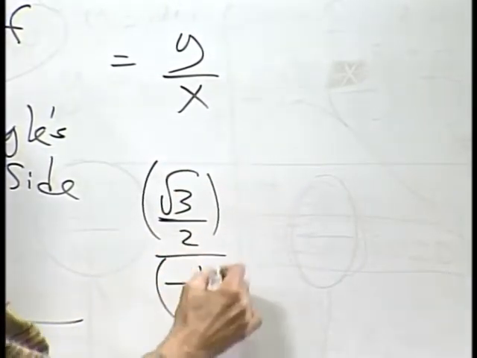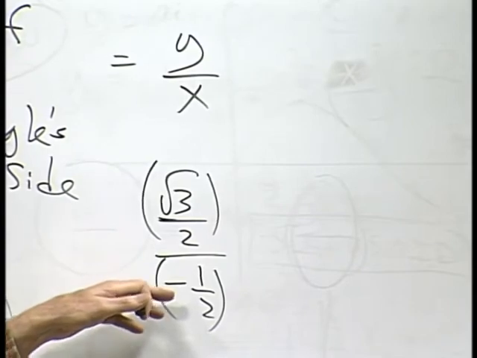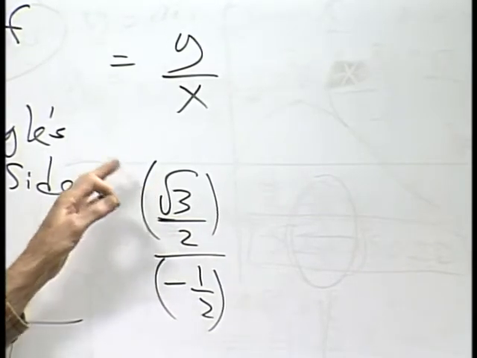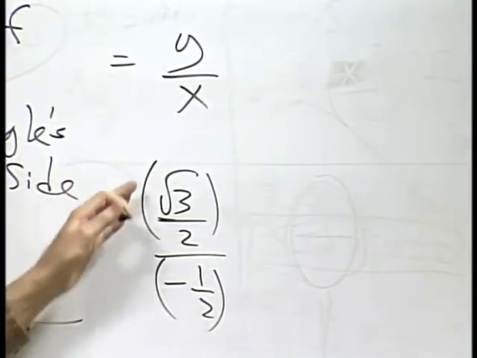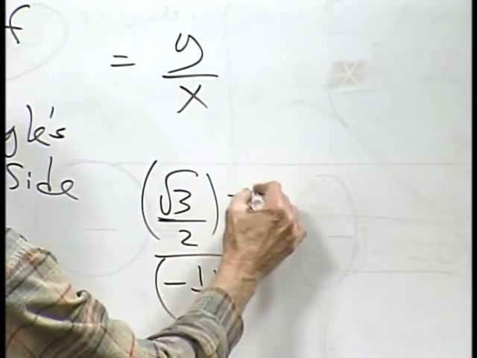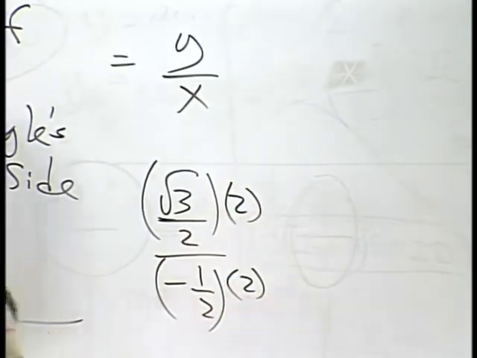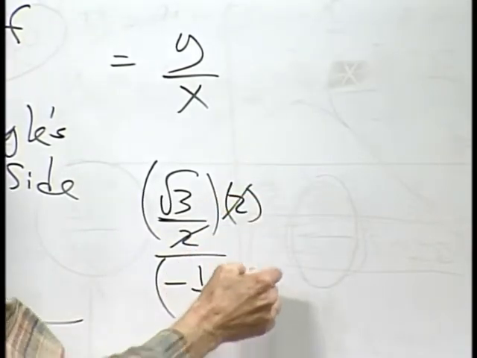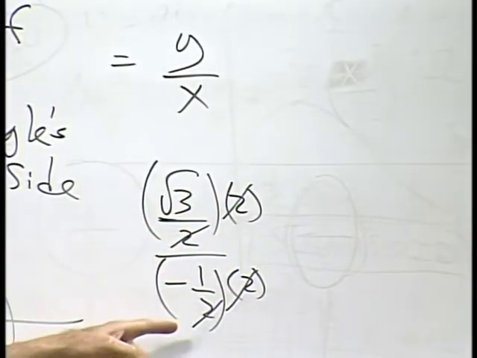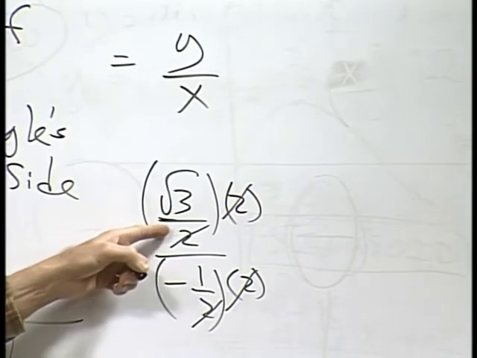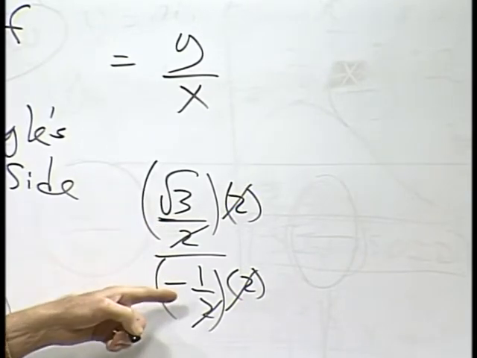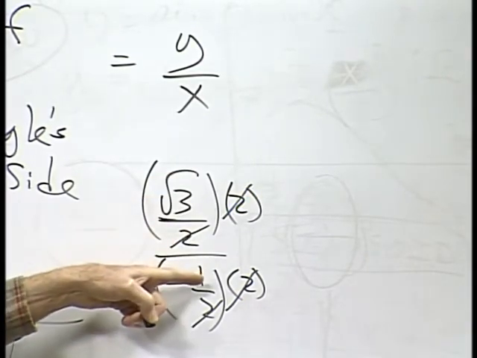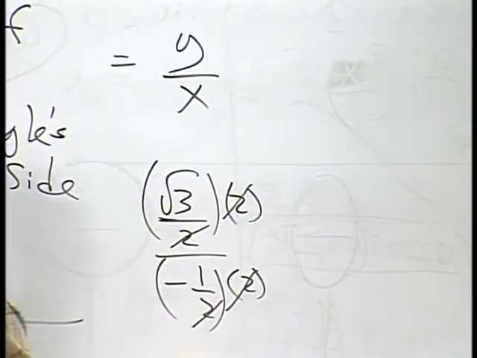The best way to clean up complex fractions is identify the common denominator of all the fractions in there, which happens to be a 2. And you multiply the numerator by 2 and the denominator by 2. And what you end up with, reducing out, the denominators inside there will always disappear if you use this approach. And you end up with negative square root of 3 on this example.